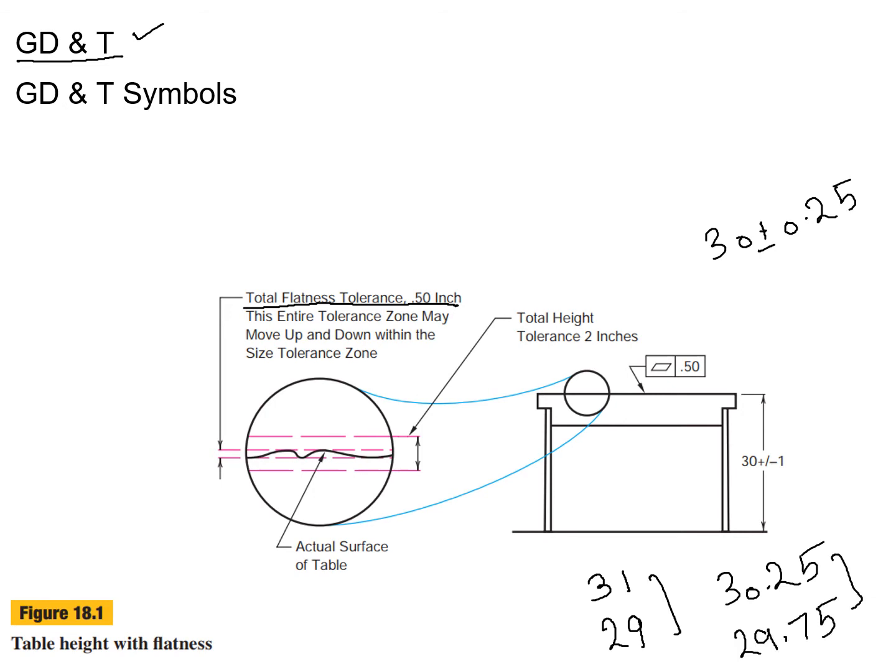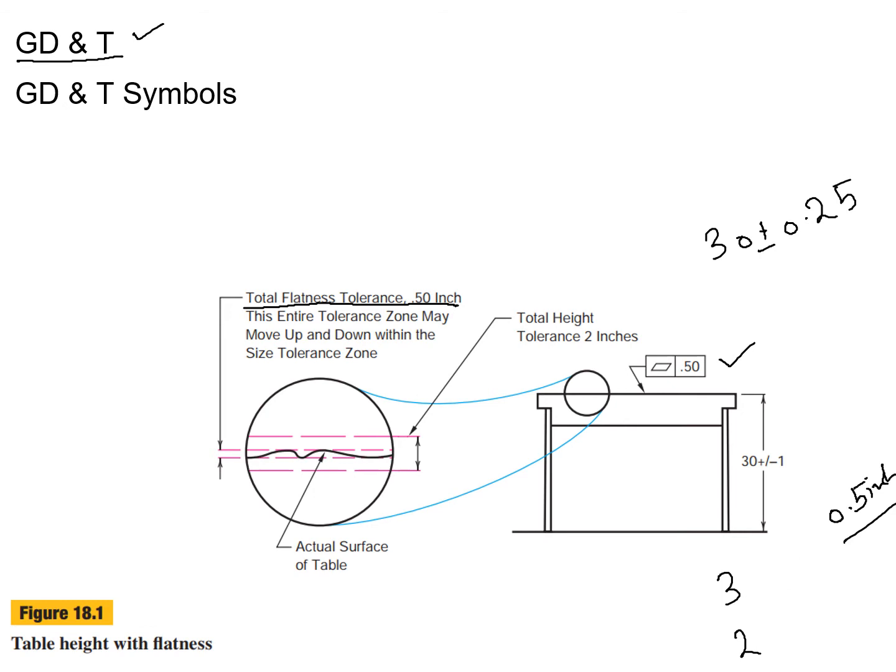So overall the tolerance now is how much? That is 0.5 inches. So now things are a little bit complicated, because the overall general tolerancing is 0.5 inches. So if we add this flatness tolerance to it, it will further complicate things, and then we will have to violate the general tolerancing.